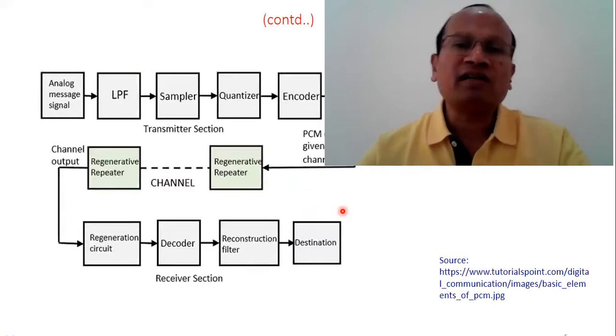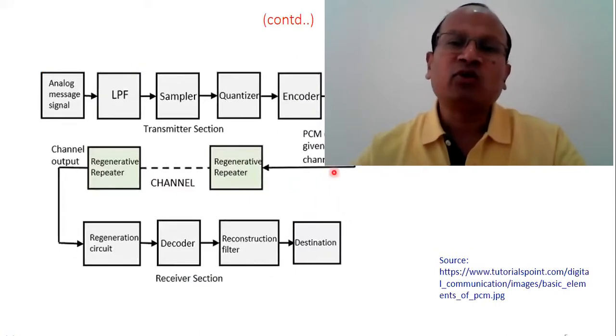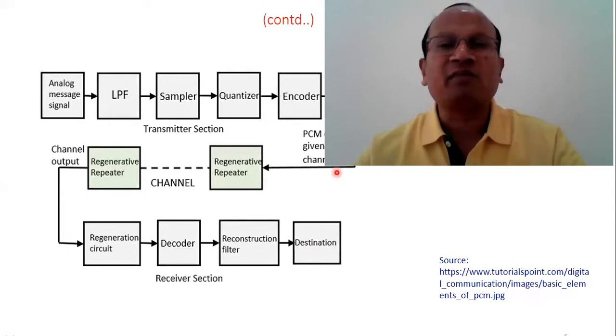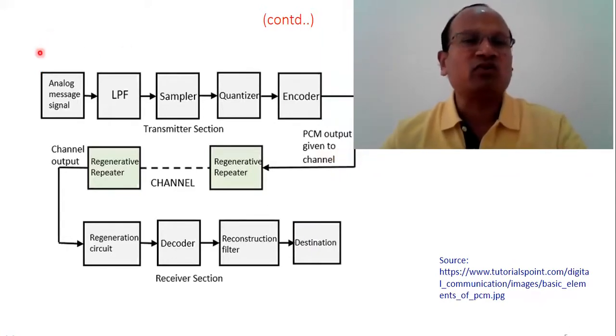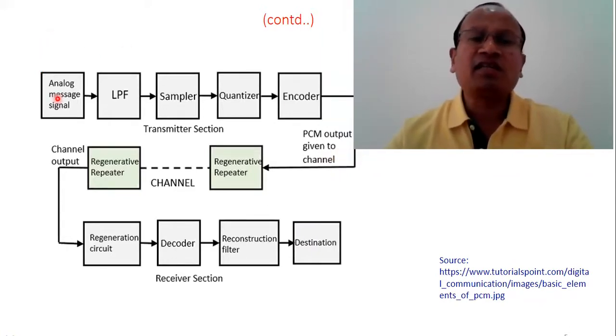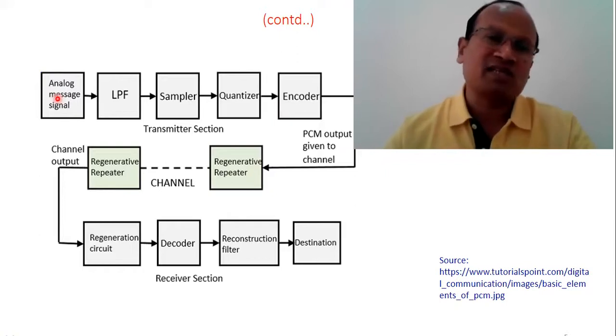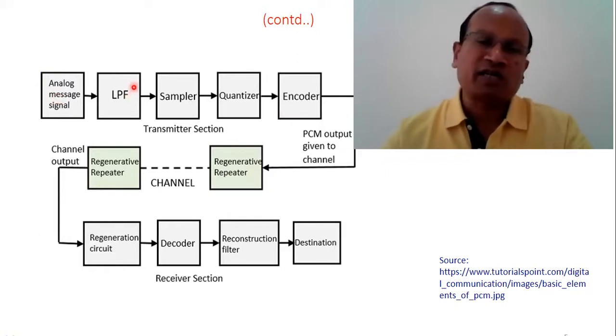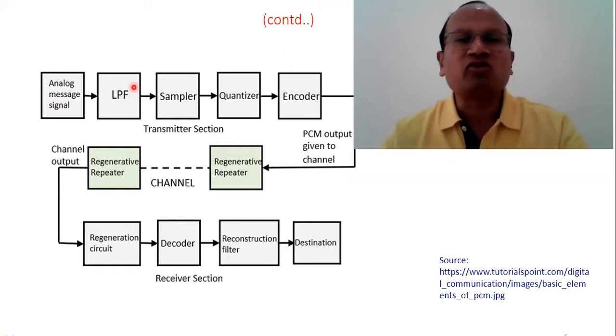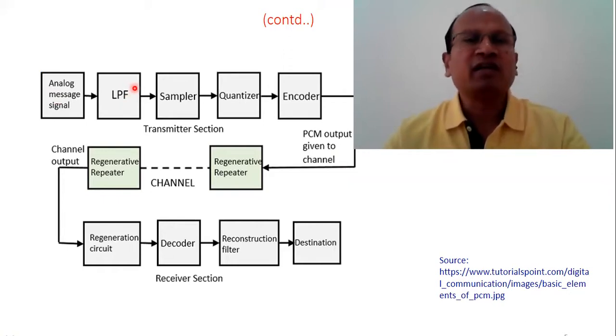This is the overall block diagram of the PCM system, where you can see the analog signal. This we have already discussed in the previous lecture. It is passed to the LPF so that we allow the desired signal to be sampled and encoded. Then it is sampled, quantized, and encoded.